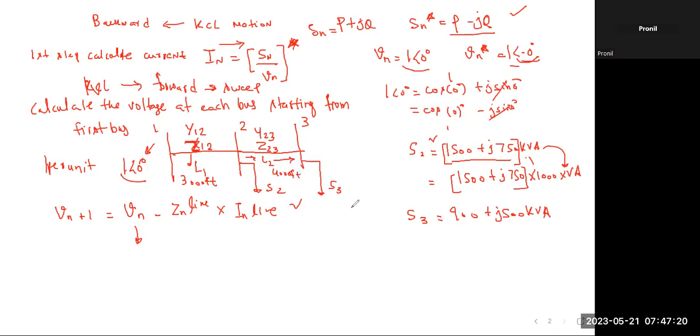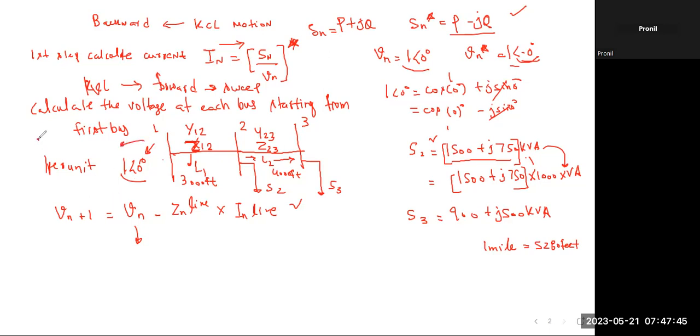One thing you remember, 1 mile is equal to 5280 feet. Mile to feet conversion. Now the S2 and S3 terms are given there, wherein the first bus is the slack bus.